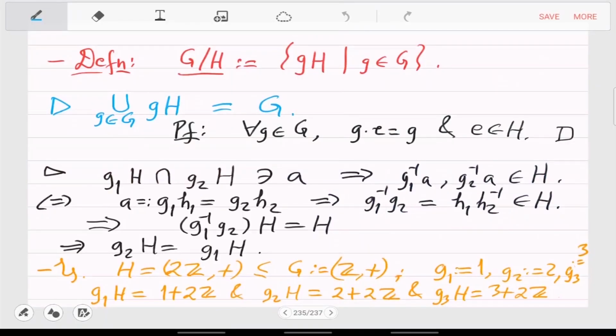Now you can go back to that silly example. So 1 plus 2Z, 2 plus 2Z and 3 plus 2Z. In the first one, the representative is 1. In the second one, the representative you can take to be 0. And in the third one, you can take representative again 1. So these are the two representative classes, 0 and 1 mod 2.